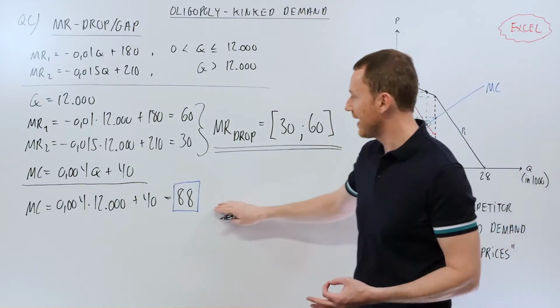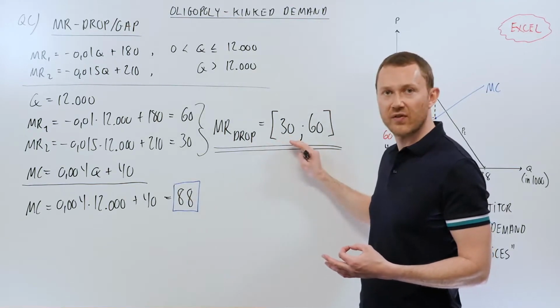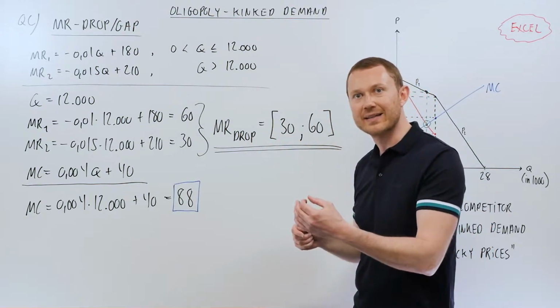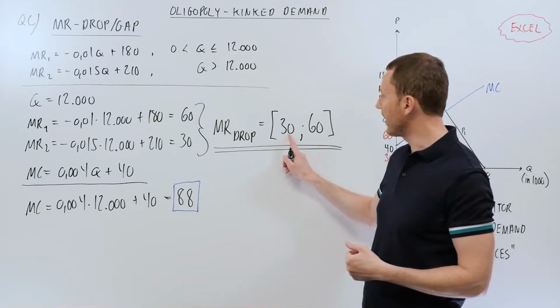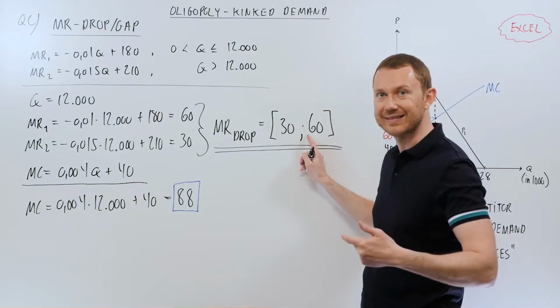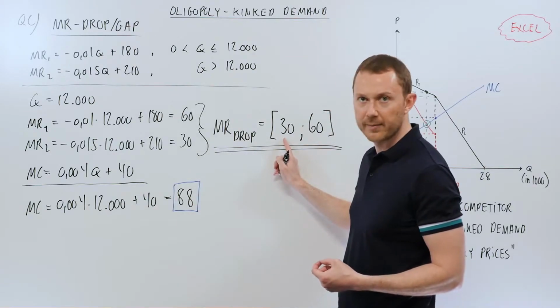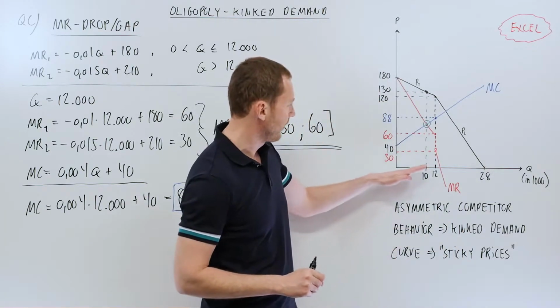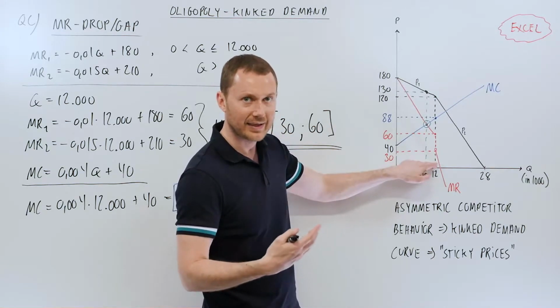Because if we get an MC value at the kink that is above the interval, then we know it intersects above the drop. If we get an MC value that is between these 2 points, then we know it intersects in the drop. And if we get a value that is below 30, then we know it intersects at the second interval.